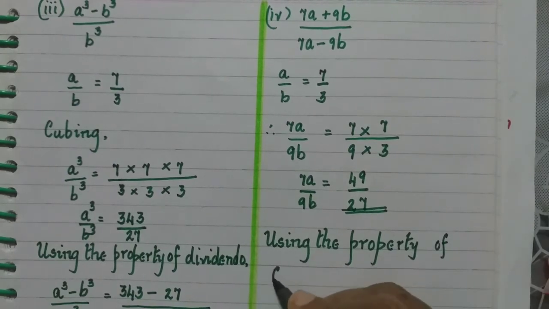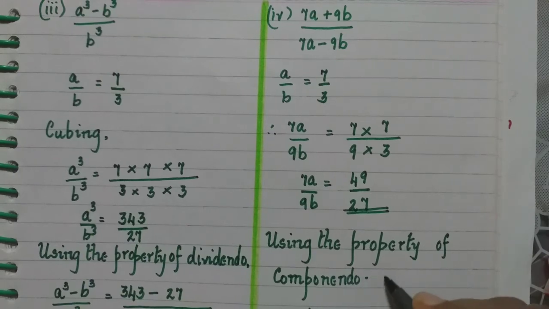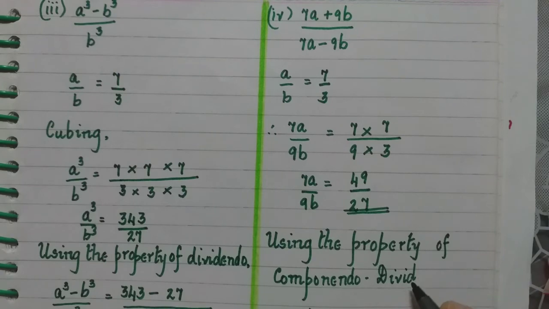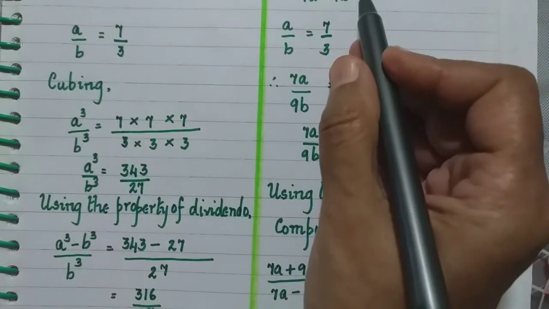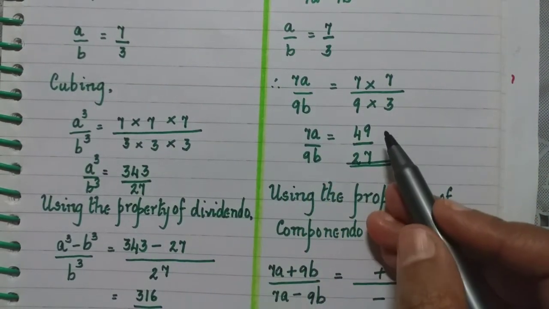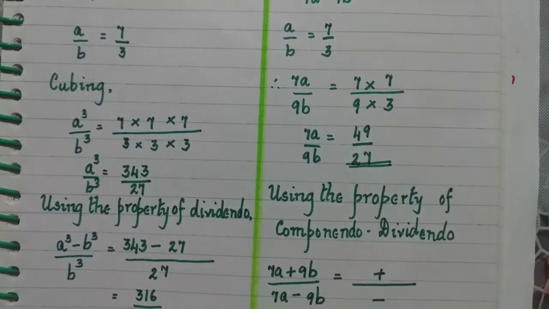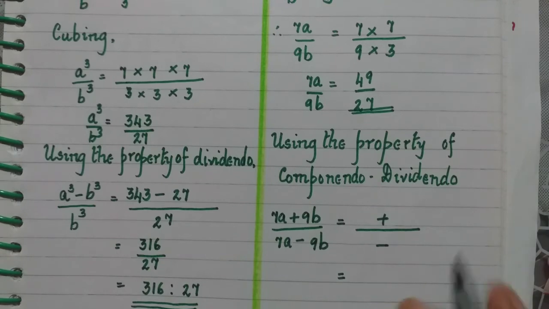So using the property of componendo dividendo, 7a plus 9b upon 7a minus 9b will be 49 plus 27 upon 49 minus 27.